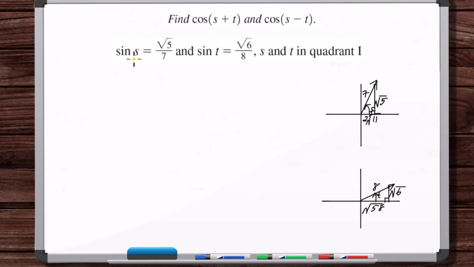All right, now we need cosine of S and cosine of T. So cosine of S is adjacent over hypotenuse. Cosine of T is adjacent over hypotenuse. So, all right.